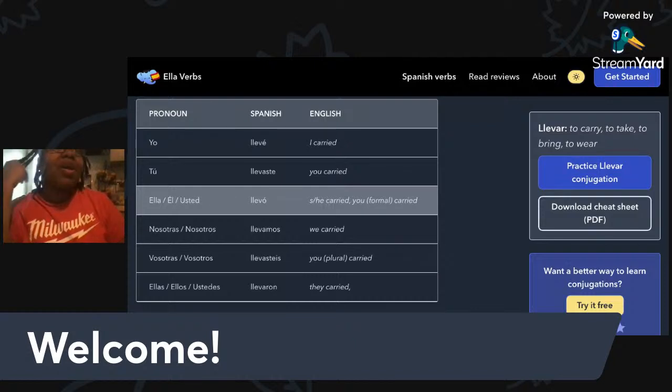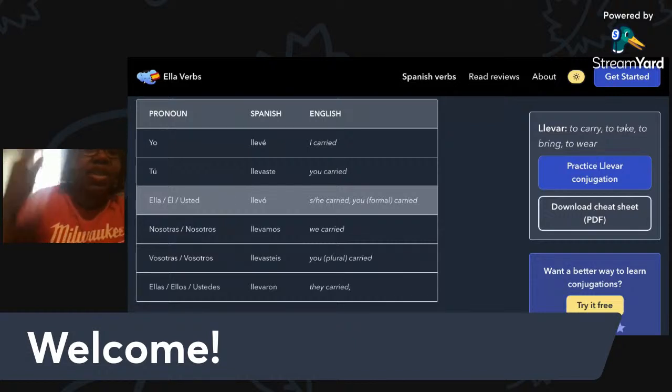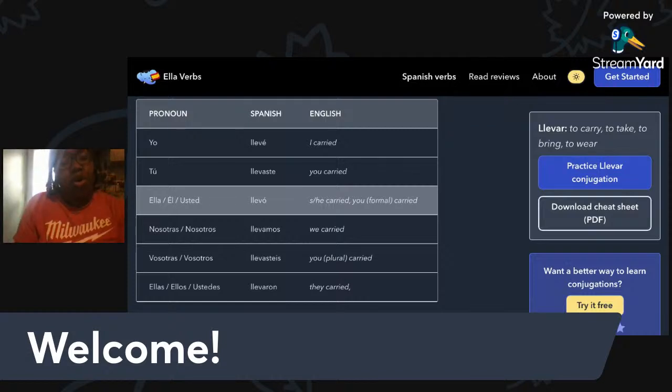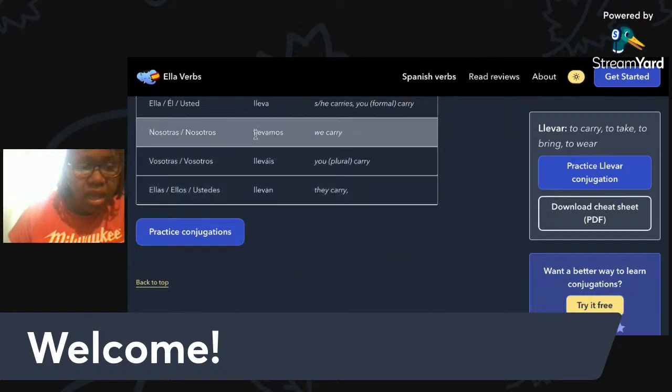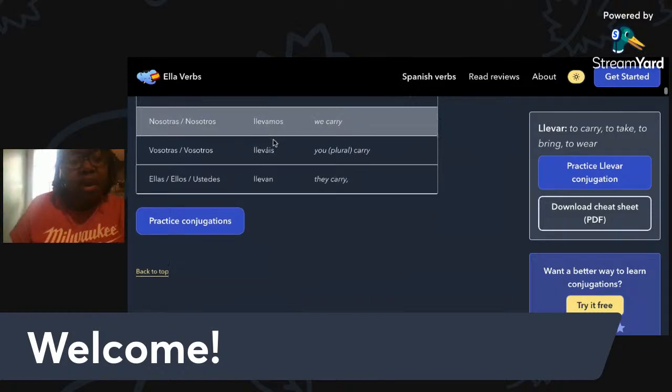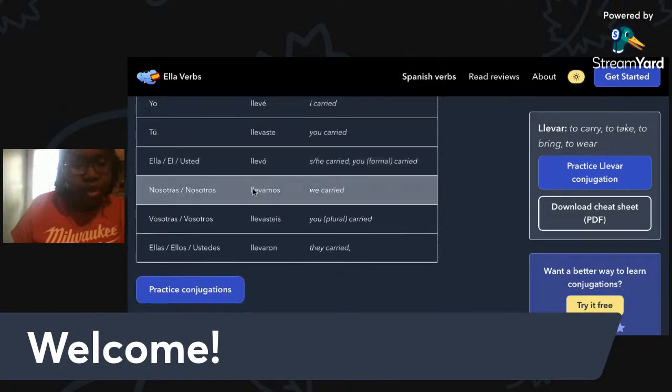So it's a llevó, but with that emphasis, that little mark that lets you know it's an accent. Y'all, that's confusing. All right, and then llevamos, but what is it? Llevamos. So it's the same as past and present. Llevamos for nosotros.